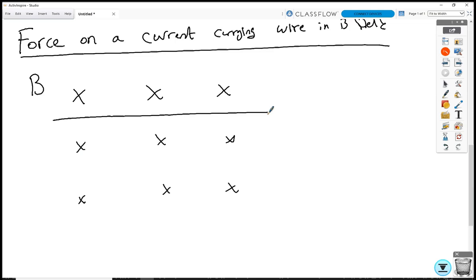And in that field, we place a wire. So this is a wire. And the wire carries a current, I, towards the right.